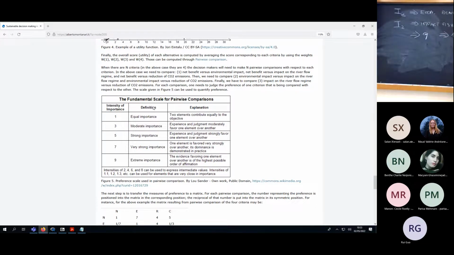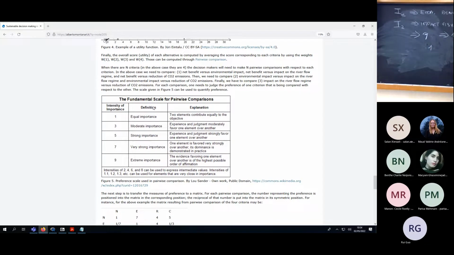If I put 1/9, it means that in terms of importance, I1 is 1, I2 is 9. If I put 9, it means that I1 is 9, I2 is 1. And between these two extremes, we can give any score we want. And if you put 1, it means that they have the same importance.